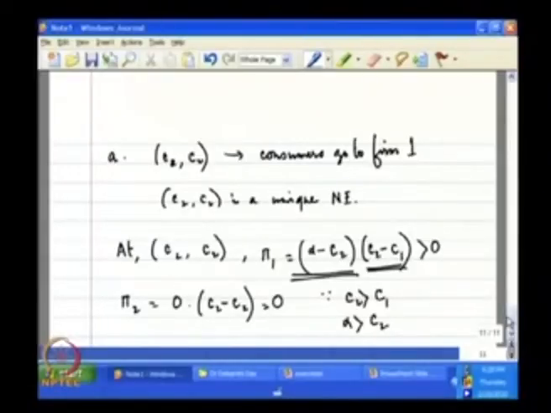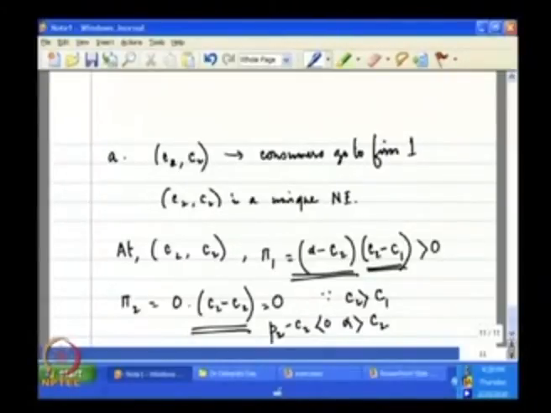Can firm 2 deviate and be better off? If firm 2 deviates and charges a price less than C2, it is going to earn a negative profit margin. This part, P2 minus C2, will turn negative if P2 is less than C2.